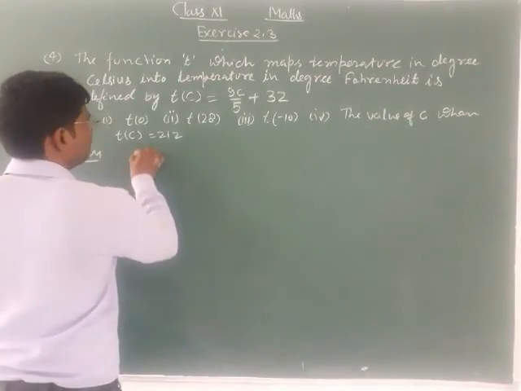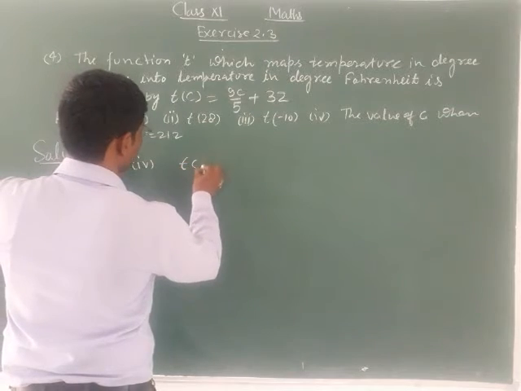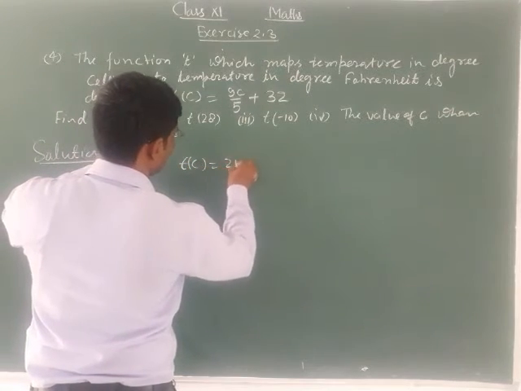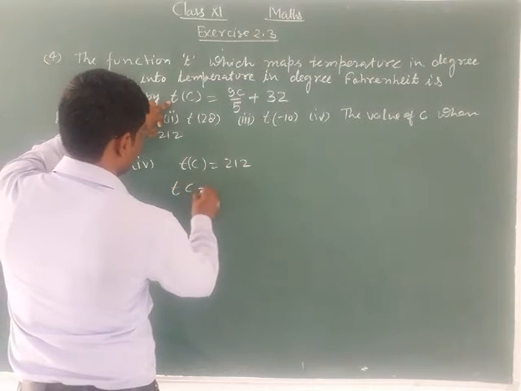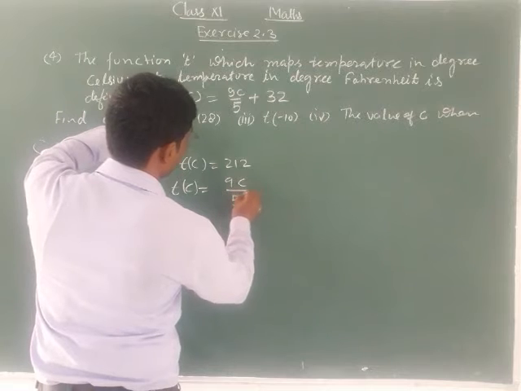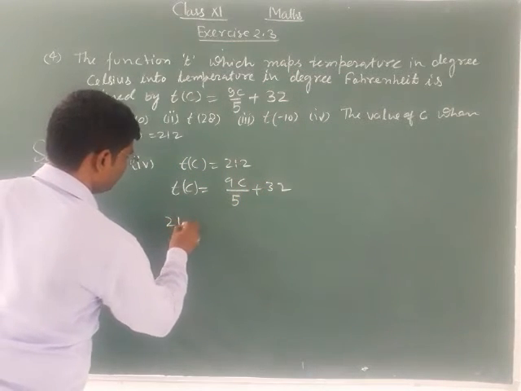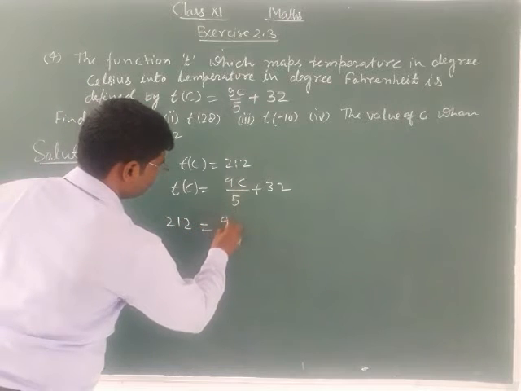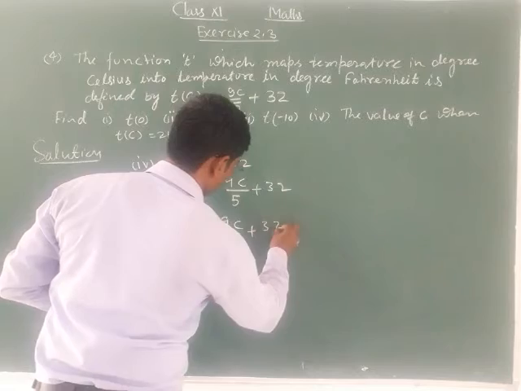Fourth part, the value of C given T(C) is equal to 212 and the function T(C) is equal to 9C/5 + 32. Now put it here: 212 is equal to 9C/5 + 32.